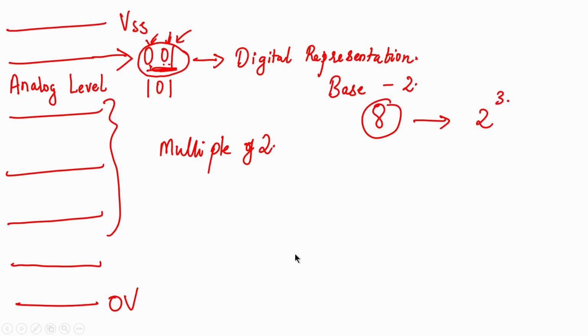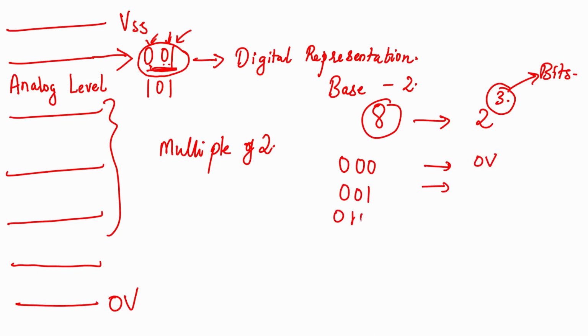How it helps is, it will help you to use all the bits with all the toggles. This 3 represents the number of bits in your digital representation, correct. You will start off with 0 0 0, that will correspond to 0 volt, then 0 0 1, then 0 1 0, then 0 1 1, like that 1 0 0, 1 0 1, 1 1 0 and 1 1 1.